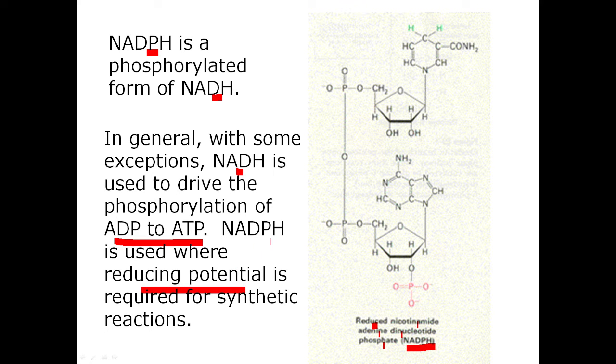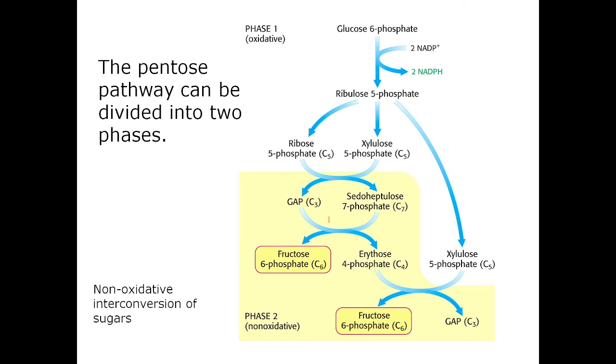Its main role is not the production of ATP. The main role is reducing potential, which is required in synthetic reactions. In that case, the NADPH molecule is required.